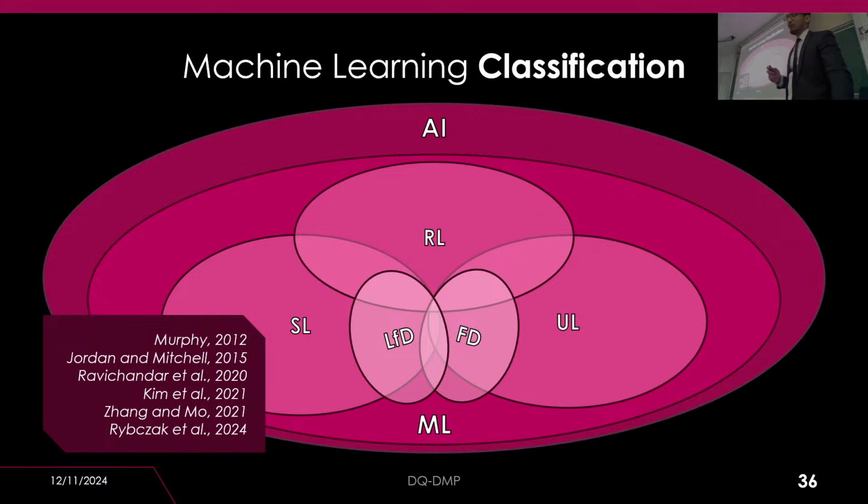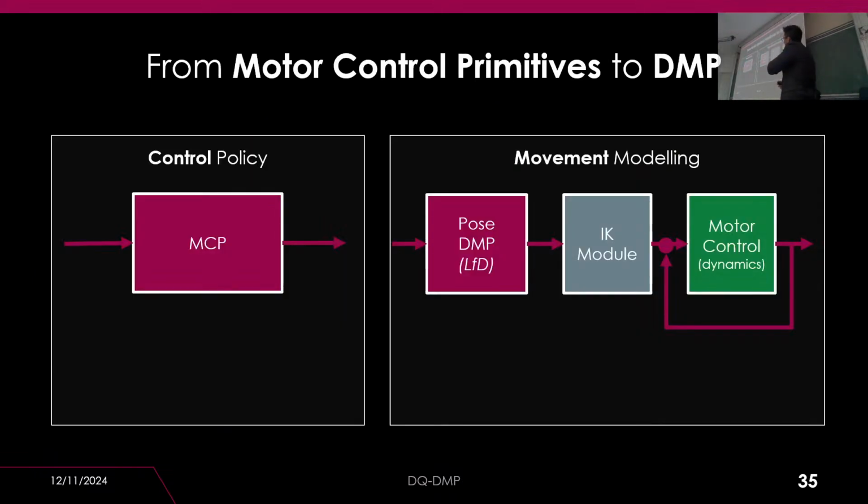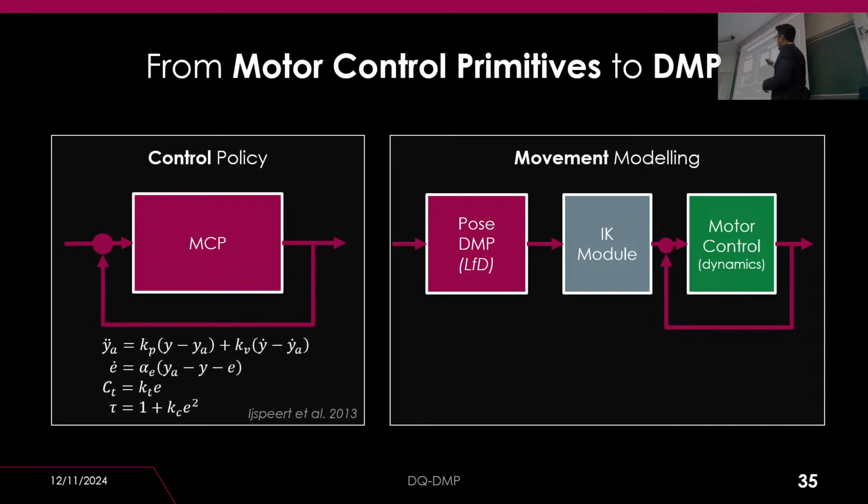Sure. No, I absolutely agree. Now, the thing with DMPs, as we apply them, is that originally they were conceived as a motor control policy, right? So they were learned and applied as perhaps open loop, or by implementing these equations based on original theory, they can be applied as a closed loop control module.